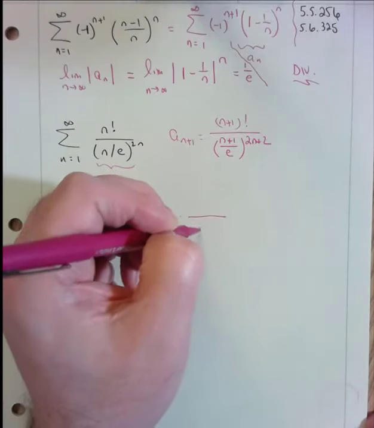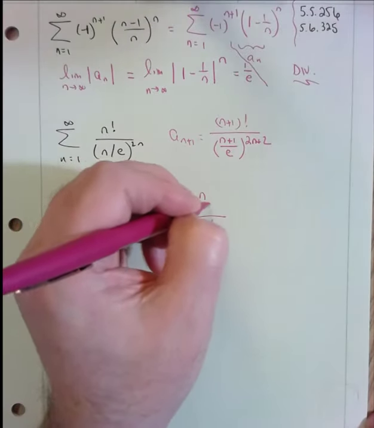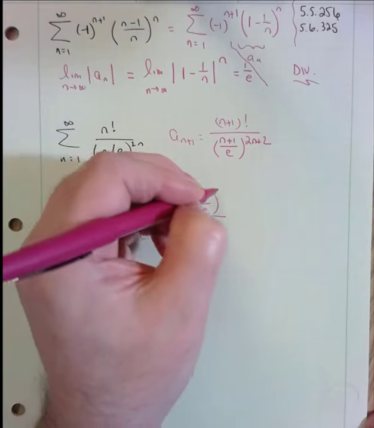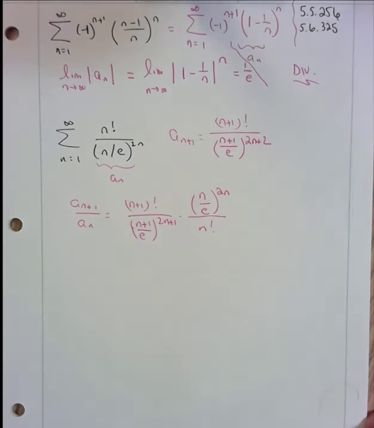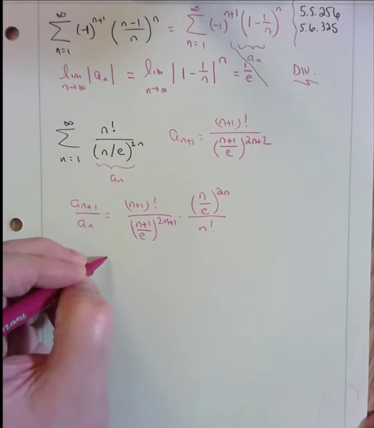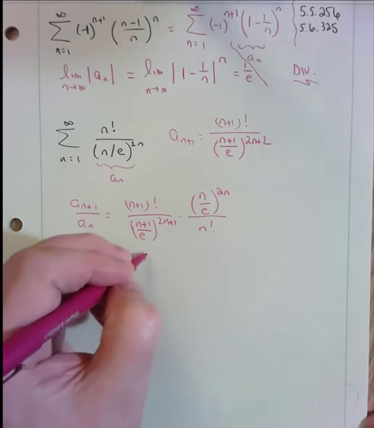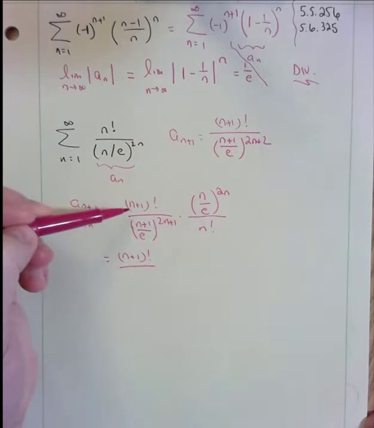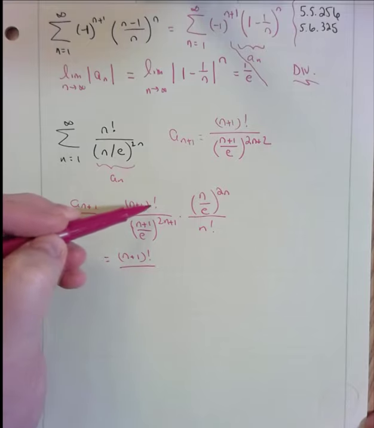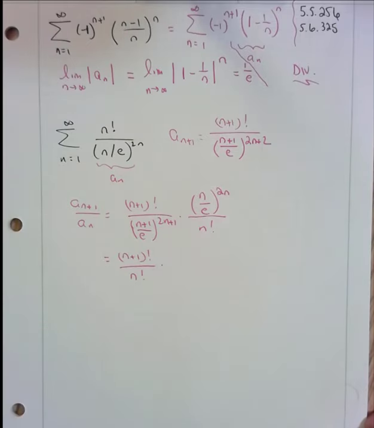So there's the n factorial underneath, and the n over e to the 2n up on top. And then I'm going to start clumping bits and pieces of this so that it's still algebraically correct, but I can see what might cancel. So for example, this n plus 1 factorial really wants to be close to this n factorial, so let's go ahead and do that. Everything's a product, so we can shuffle things around.